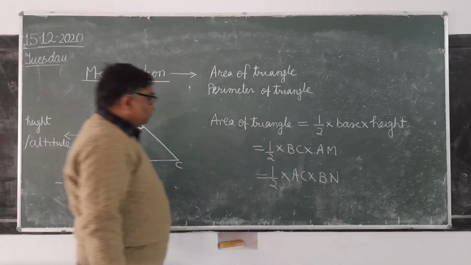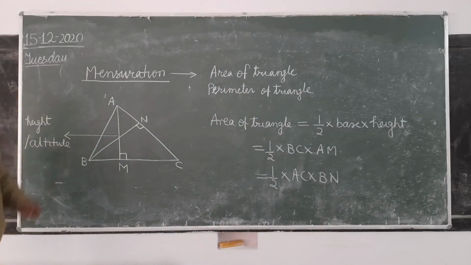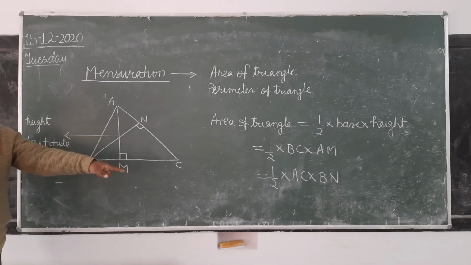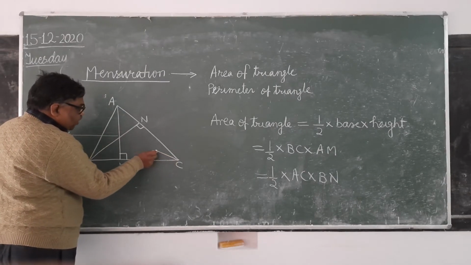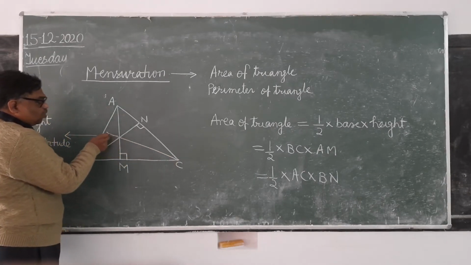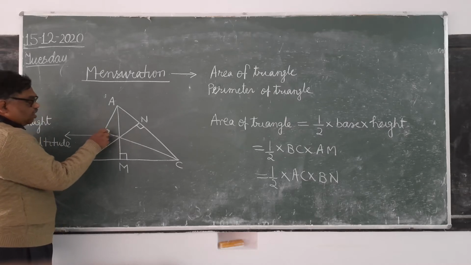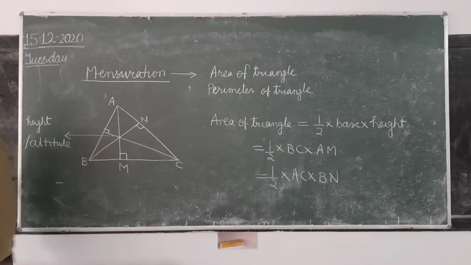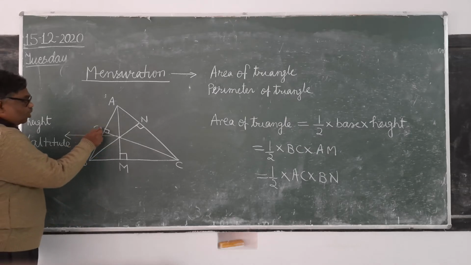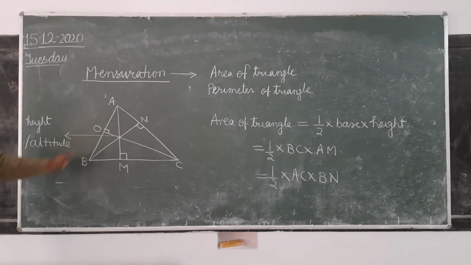Now similarly, if you take AB as the base, then it is joining two vertices A and B. The third one is C. From C draw the perpendicular. Here you will find that all three perpendiculars will pass through a common point. This is CO. CO is the perpendicular.